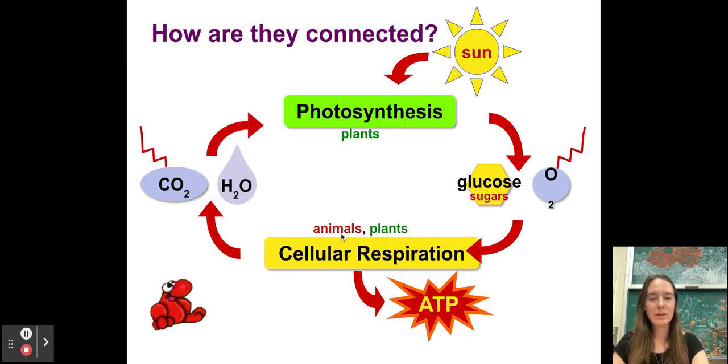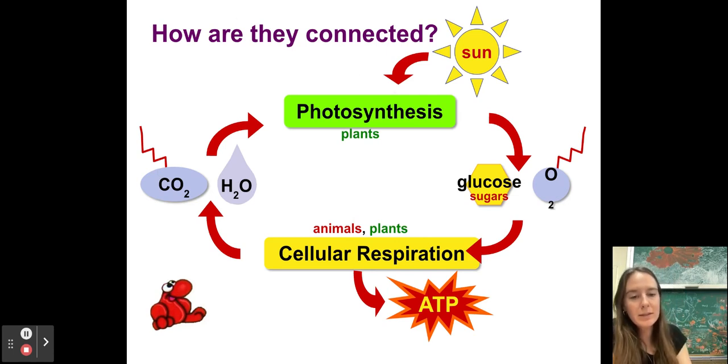Also, animals do this. So if we were to eat plants or we were to eat meat, basically meat comes from animals that ate plants at one point, like a cow eats plants, we eat the cow, and we get glucose in our body. We take those glucose molecules and we break them down to make ATP, and then we produce carbon dioxide and water as a waste product, and that will now go to power photosynthesis.